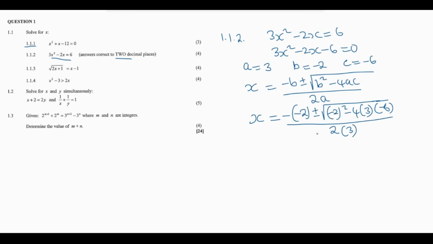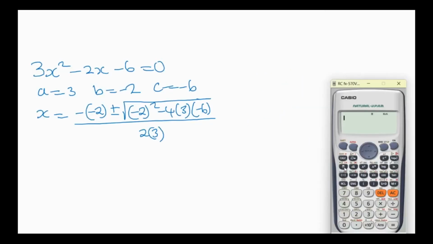This is how you do this in the calculator. Press the fraction function like this. We have negative, and then negative 2, then plus. Let's start with plus, then square root, then we have negative 2 squared, then minus 4, now our a is 3, c, and then negative 6.